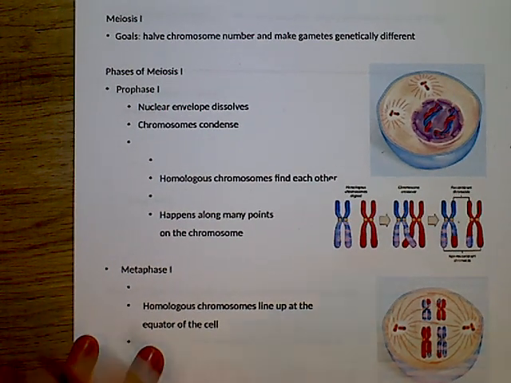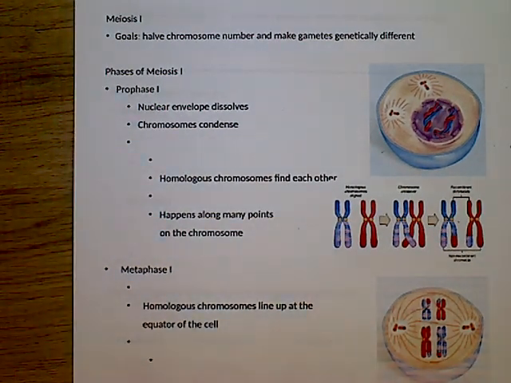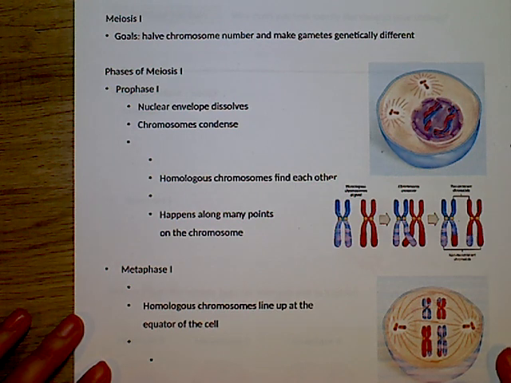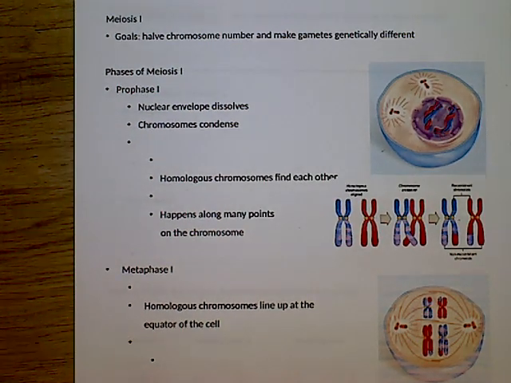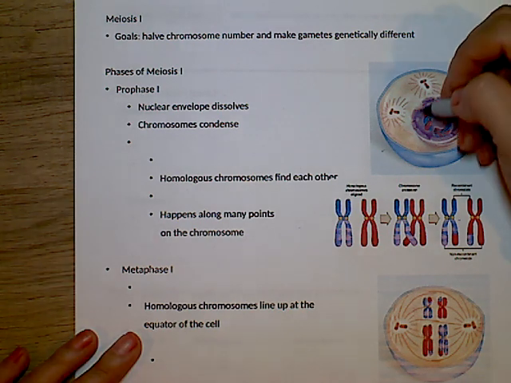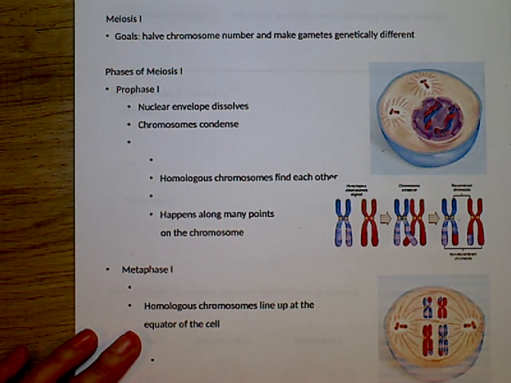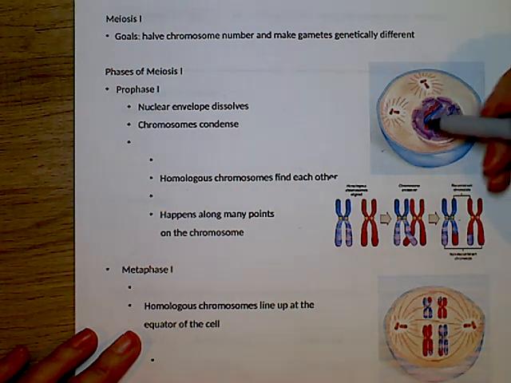Okay, so we'll start with the first division, meiosis 1. The goals of this are to half the chromosome number and make gametes genetically different. So the first phase is prophase 1. In this phase, the nuclear envelope dissolves and the chromosomes condense.